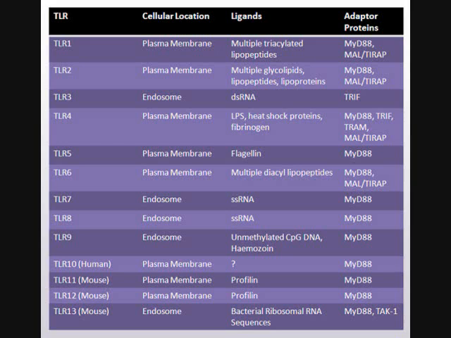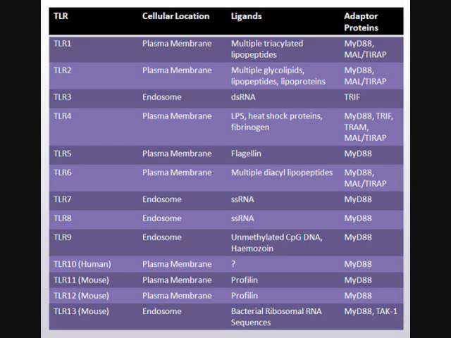TLRs 1, 2, and 6 are essential for the recognition of a variety of PAMPs from gram-positive bacteria. TLR3 is implicated in recognizing viral double-stranded RNA. TLR4 is predominantly activated by lipopolysaccharide, LPS.